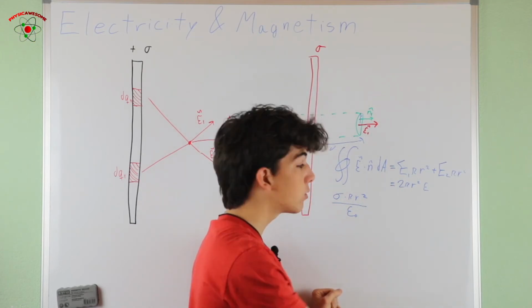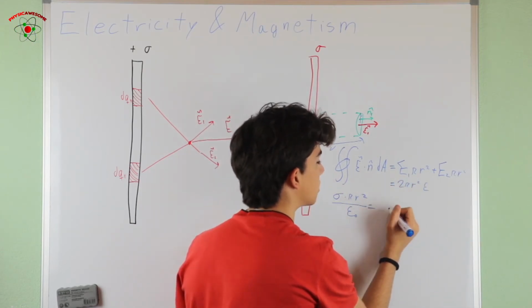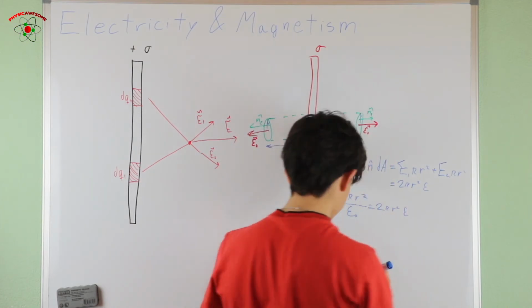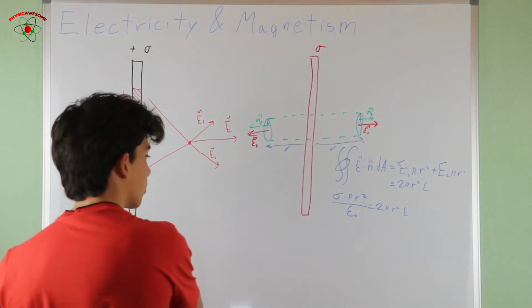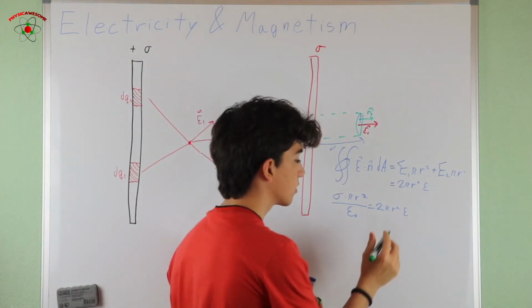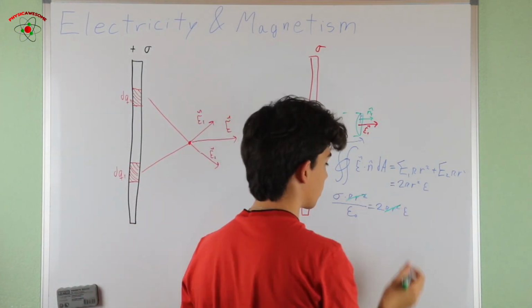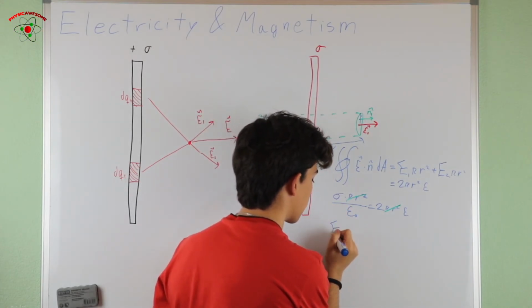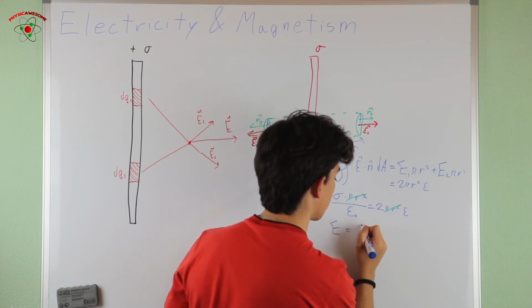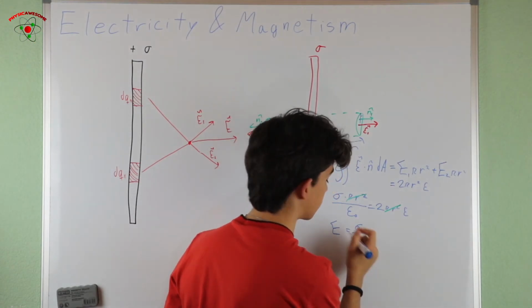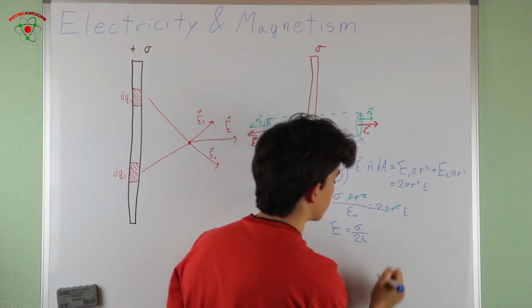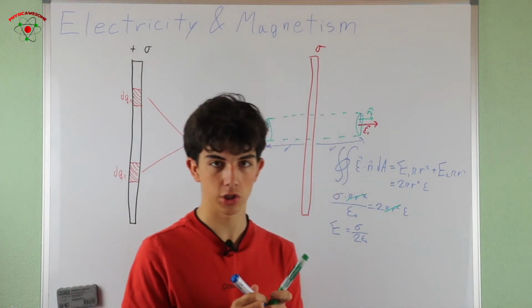And this is going to be equal to the flux, which we calculated to be 2 pi R squared times E. Now we can do some cancellations, pi R squared and pi R squared, and we find that E is equal to sigma, the charge density, over 2 epsilon naught.